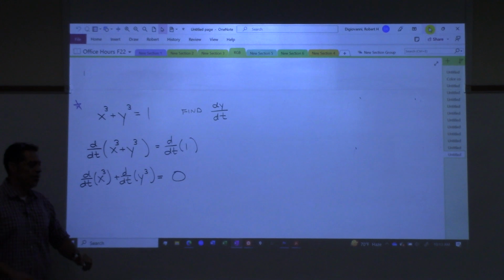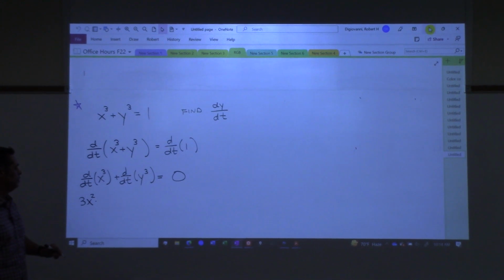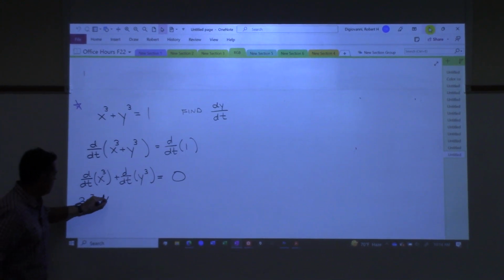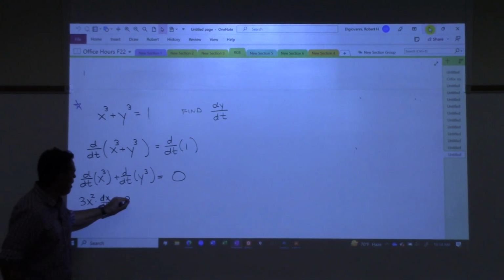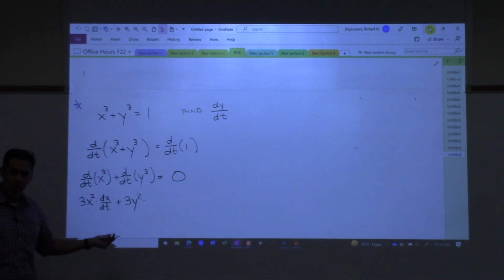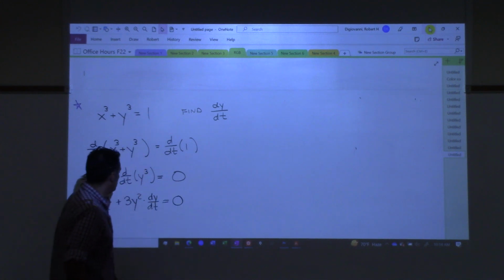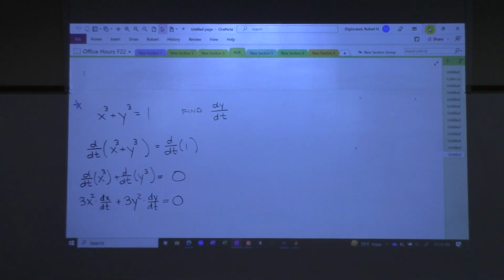They both need the chain rule. So this one will become 3x squared times what? dx dt. Good. Plus, this one becomes 3y squared, but then times what? dy dt. And that is still equal to 0. Questions on that differentiation?